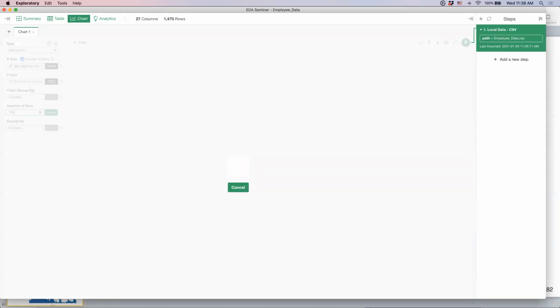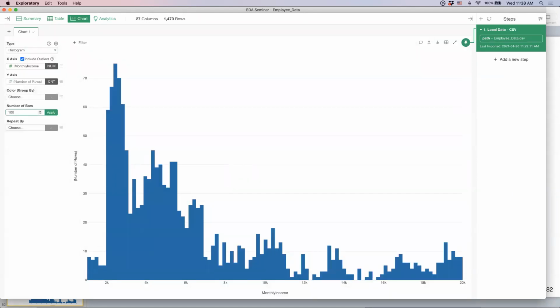For example, if I type 100, what I mean by pattern is, here there's a sort of Empire State Building-ish mountain, and then there's another mountain around here, another around 10K, and around 14K there's another mountain.